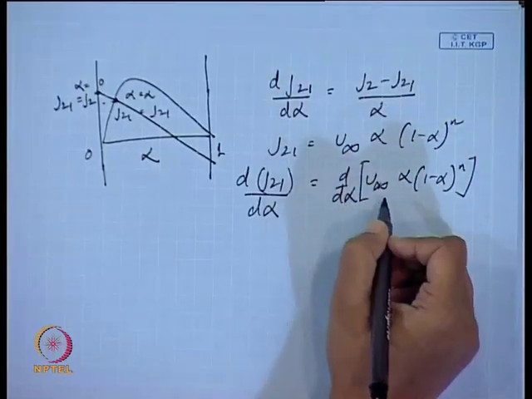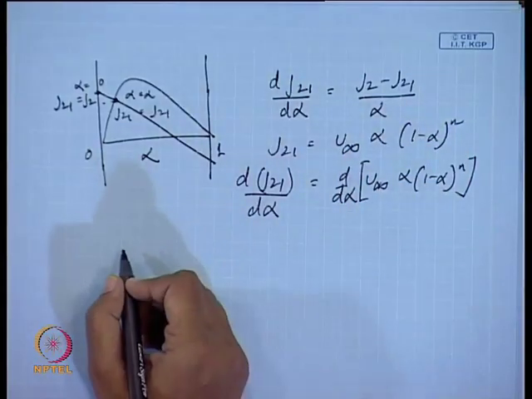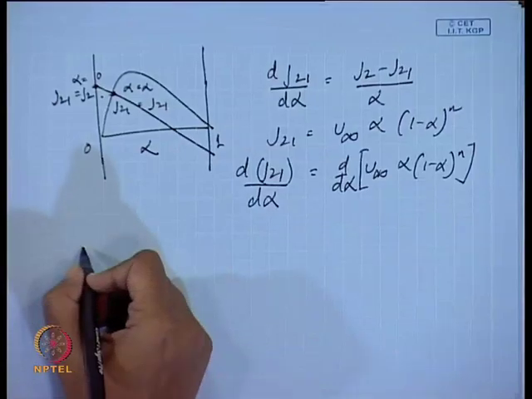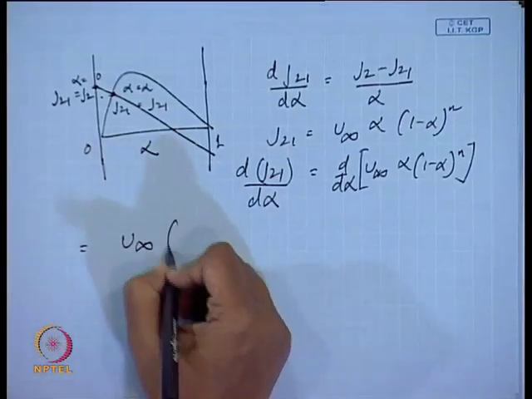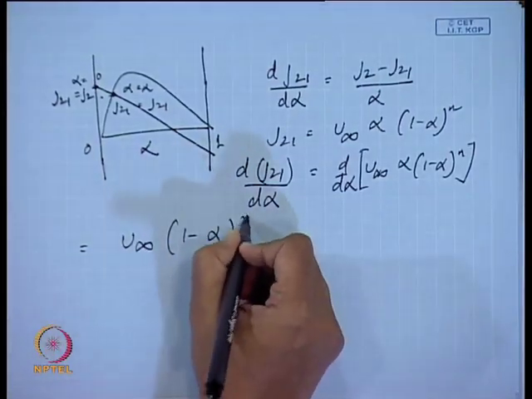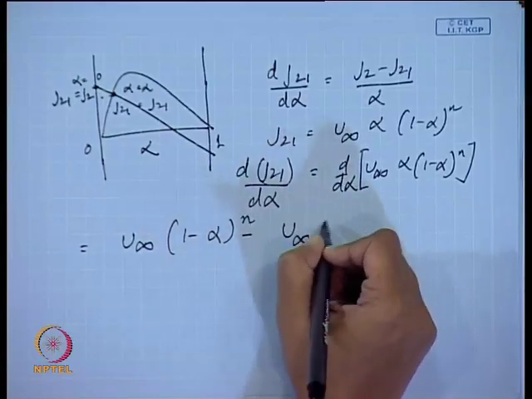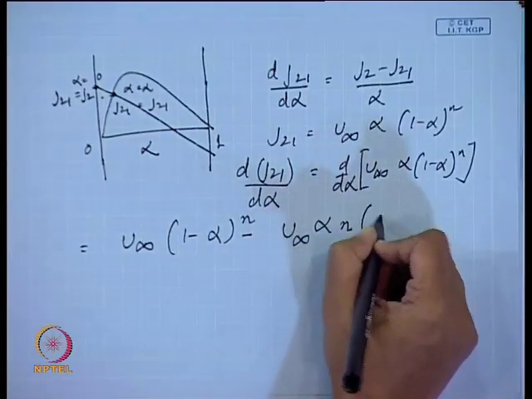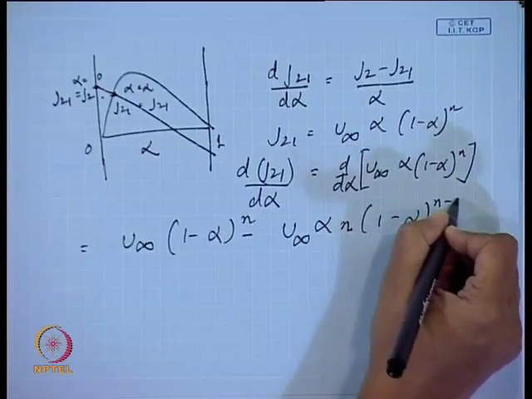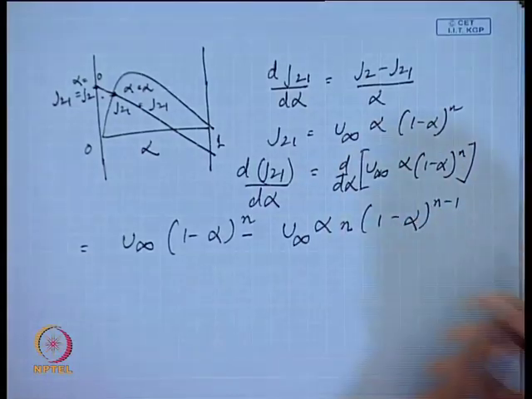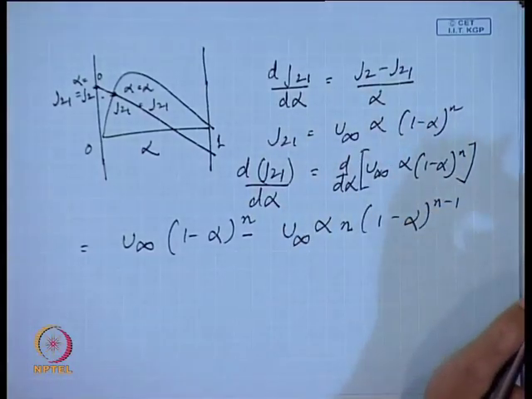So, if we perform this differentiation, what do we get? From this particular differentiation we get u infinity into 1 minus alpha whole to the power n minus u infinity alpha n into 1 minus alpha whole to the power n minus 1. Just simply I have differentiated this part. Okay.